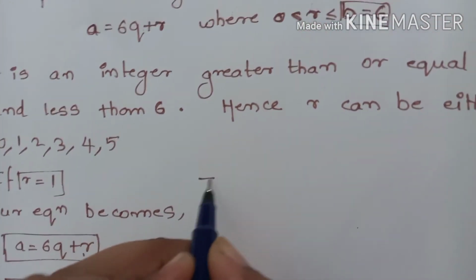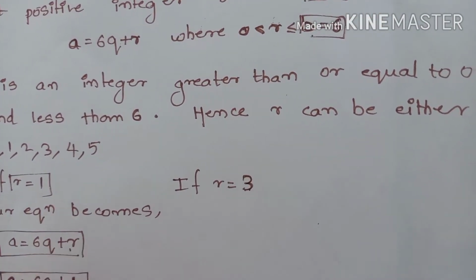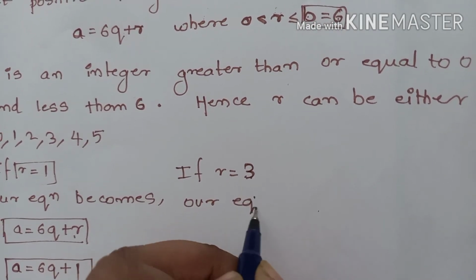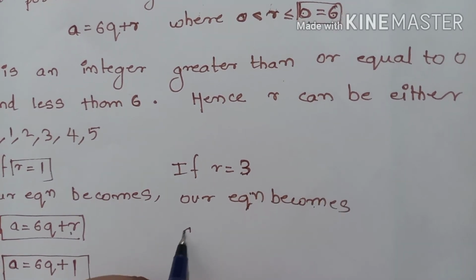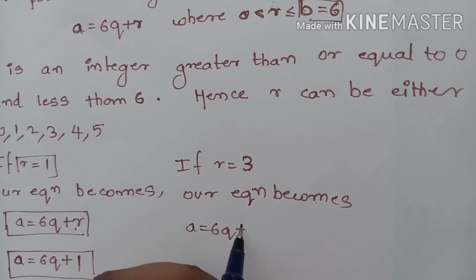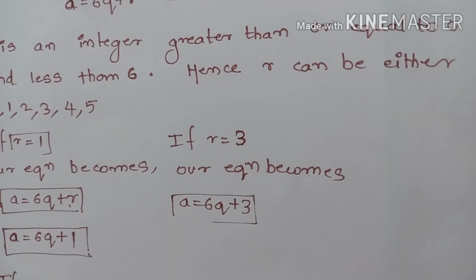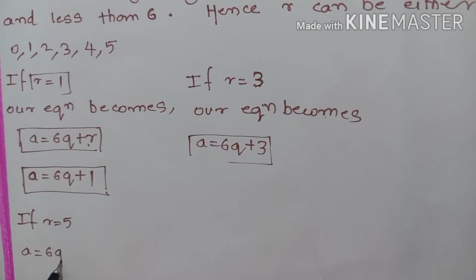And next, if r is equal to 3, our equation becomes 6q plus 3. And next, if r is equal to 5, the equation becomes 6q plus 5.